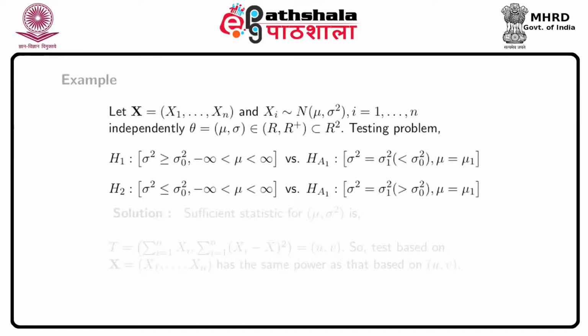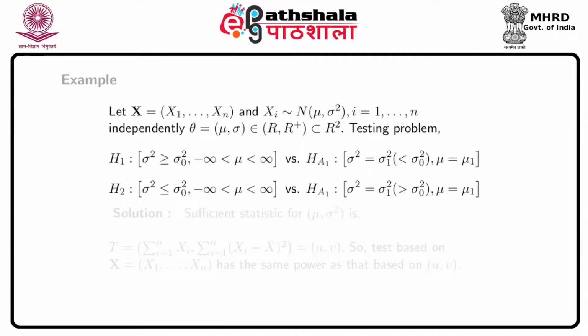The testing problem we consider is H1, the set of those elements in the parametric space for which sigma square is greater than or equal to sigma naught square and mu remains unspecified, against HA1, the alternative, that sigma square is equal to sigma 1 square, which is less than sigma naught square, and mu is equal to mu 1.